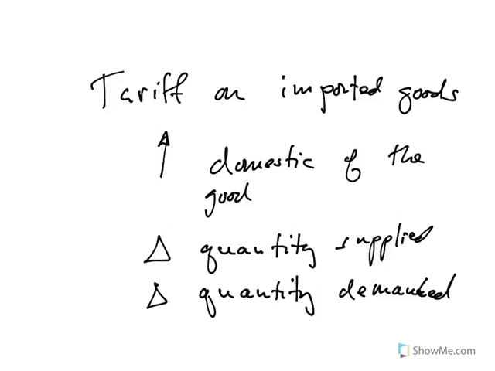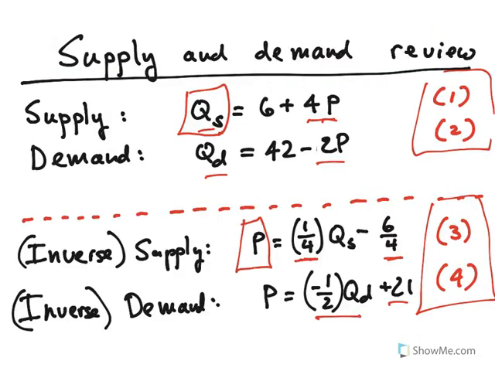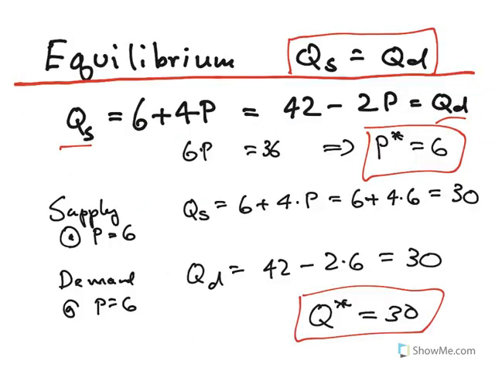Just to review, we have supply and demand relationships, which can be done either directly on the supply and demand functions or the inverse supply and demand functions, rewriting things in a different way, but the same relationships. We can use those relationships to determine the equilibrium price and quantity.